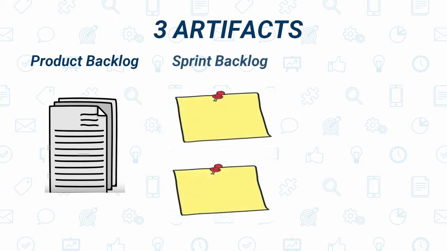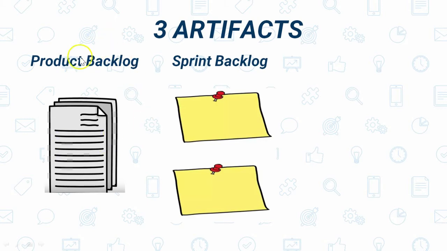The next artifact is the sprint backlog. We have studied before that in Scrum, we break the project into n number of sprints. The sprint objective is to build a small amount of working functionality of the software and ship it to the client for demo.